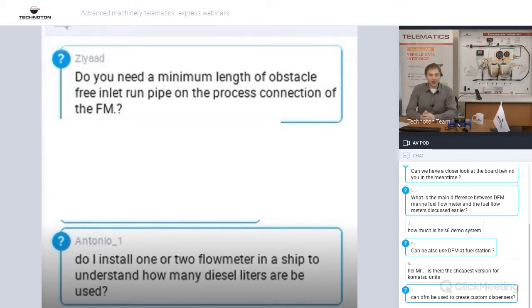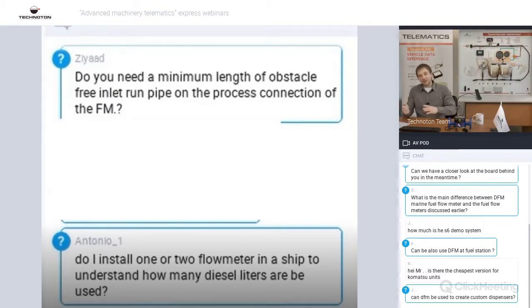Usually we ask our partners to get that fuel system scheme and send it to us, then we analyze it with our technical team. Sometimes the developers of those schemes already have an appointed place where the flow meter should be used. So we just need to get one or two flow meters, and we already know where exactly they should be installed.